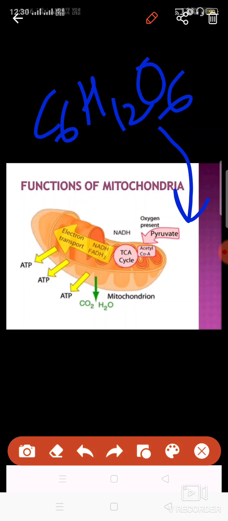Then this pyruvate gets converted into acetyl coenzyme A, then there is the TCA cycle, then this goes into the electron transport chain.